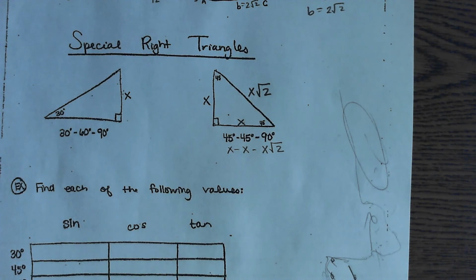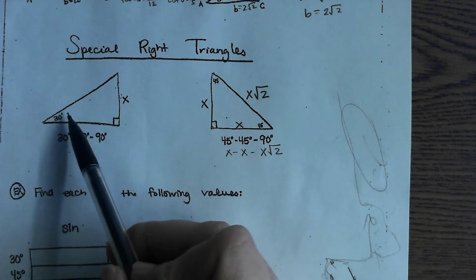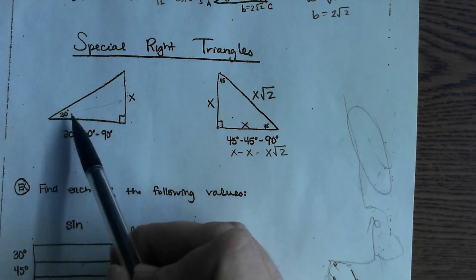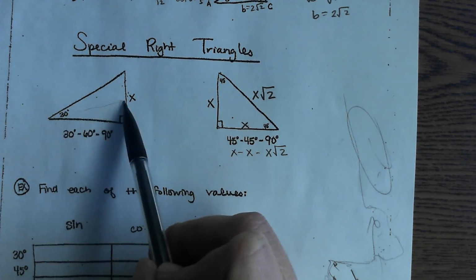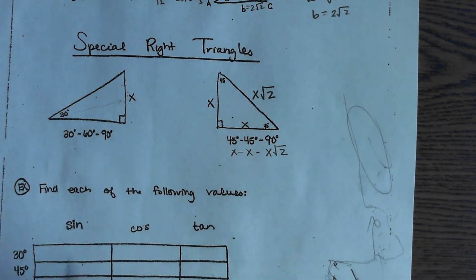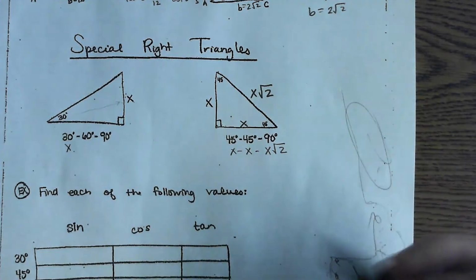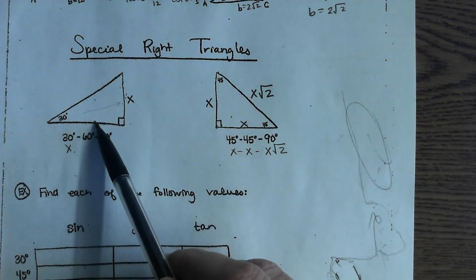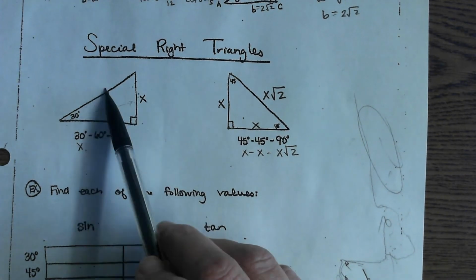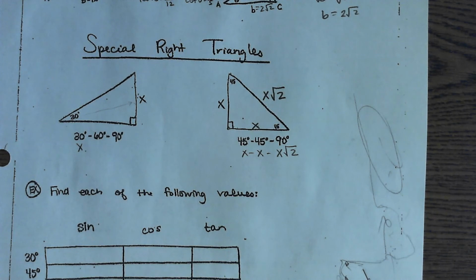In a 30, 60, 90, the side across from the 30-degree angle is always your baseline. So that's your x. Does anybody know how to get to the other leg from there, or how to get to the hypotenuse from there? Anybody remember that? Olivia? The hypotenuse is 2x, correct?